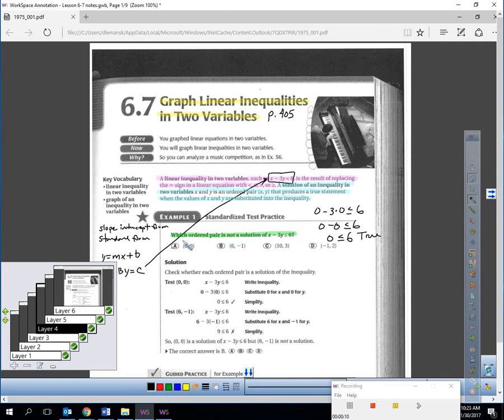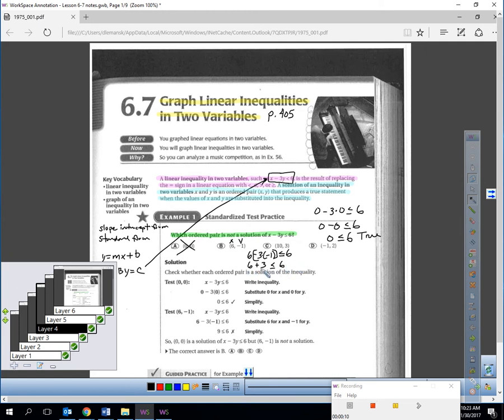I want an ordered pair that's not a solution, so it can't be A. Let's try B. Remember, x is 6, y is negative 1, so I'm going to put a 6 in for x and a negative 1 in for y. Well, this would be 6. Now, negative 3 times negative 1, we have to multiply, so that's positive 3. This says 6 plus 3 is less than or equal to 6.